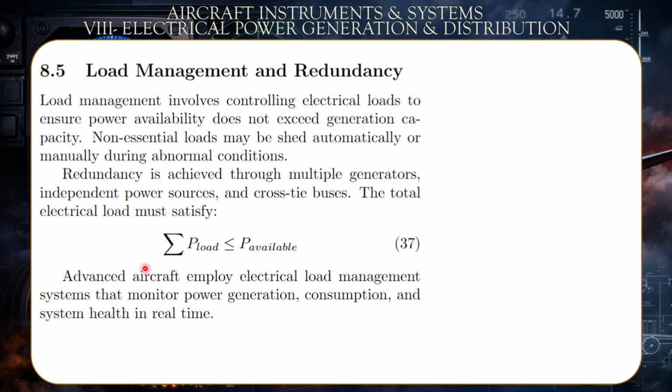And if there's no surge protection, it can even risk frying one instrument or two. Advanced aircraft employ electrical load management systems that monitor power generation, consumption, and system health in real time.